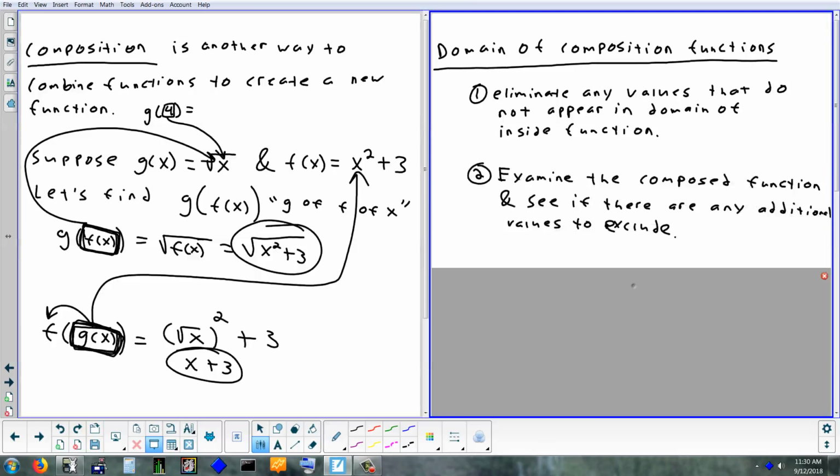The second part is now look at the final answer. When you compose functions, you may create square roots where they didn't exist before. You may create fractions where they didn't exist before. So you've got to look at the composed function and see, based on what I did, is there anything else I need to exclude now looking at the final answer?